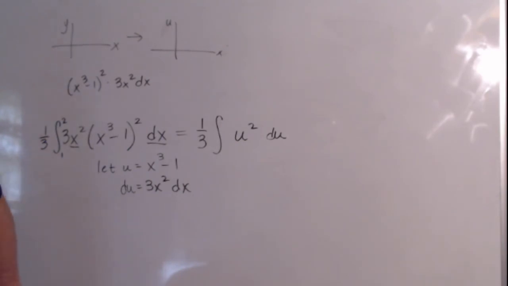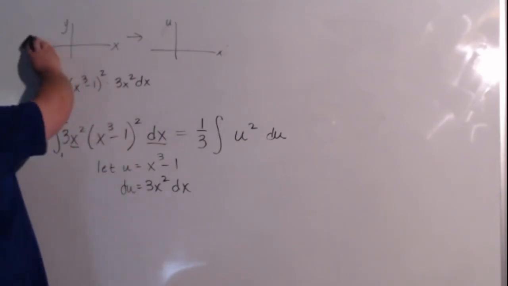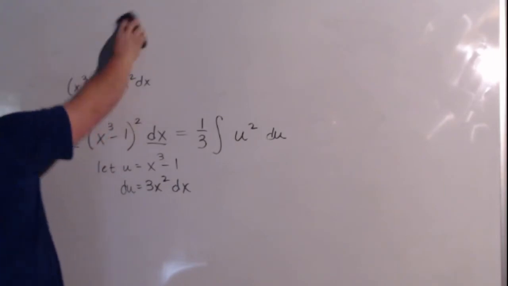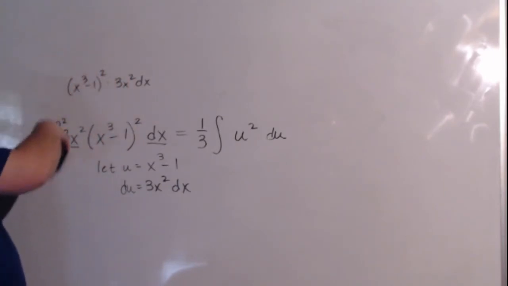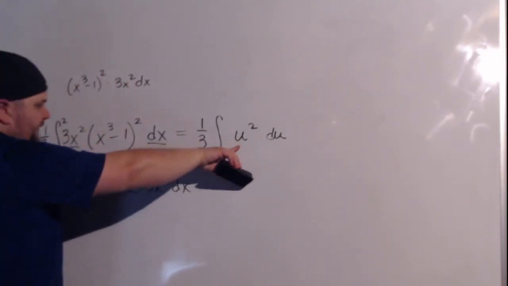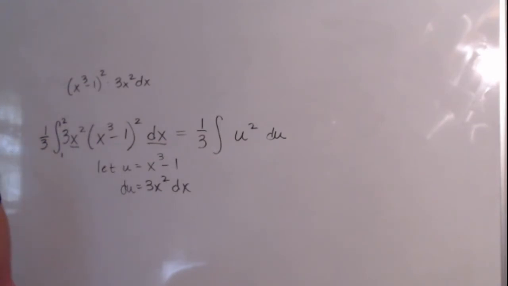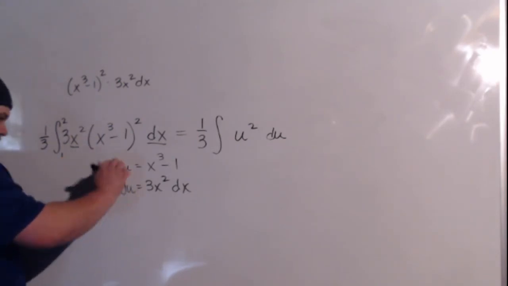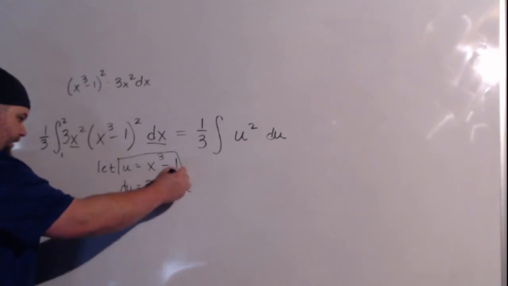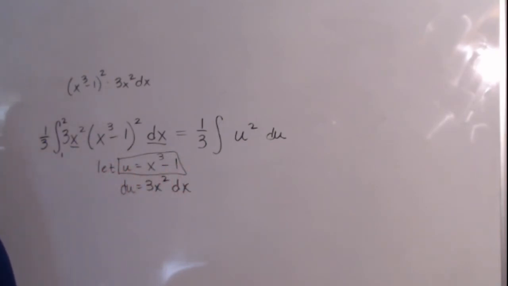So the whole point there then is, if I'm changing space, well then the values that I plug in for x here don't qualify for u. So I can change them by plugging each one of these bounds into this equation, the one equation that relates the two variables.